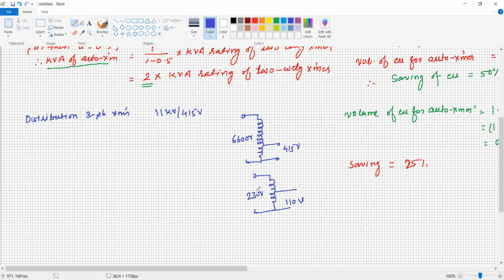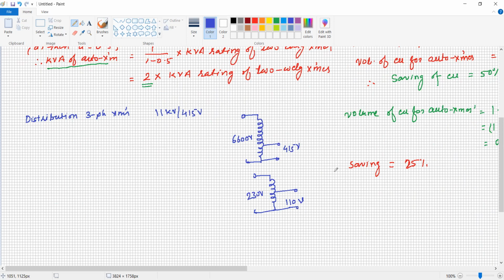We are not using an auto transformer, because in many control circuits, measurement circuits and protection circuits we need a secondary voltage of 110 volt, because we are using instrument transformers of 230 or 400 by 110 volt for protection circuits as well as some measuring circuits, isn't it?